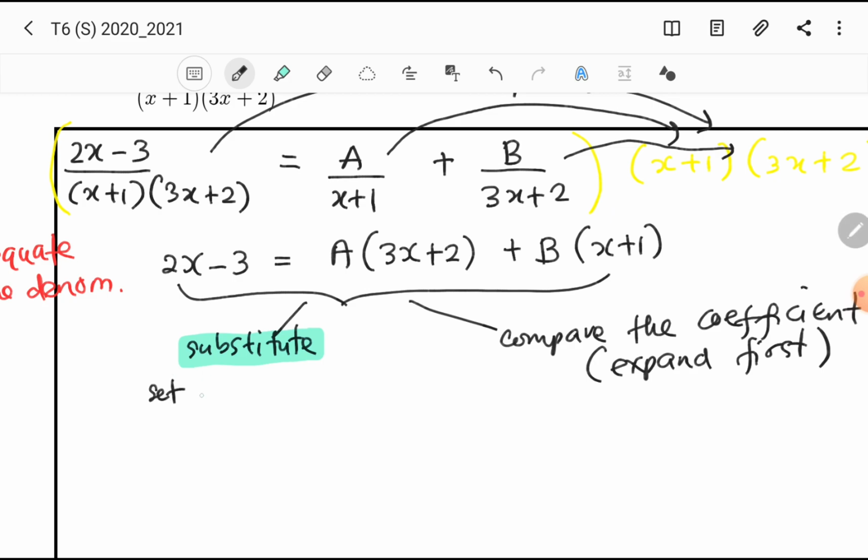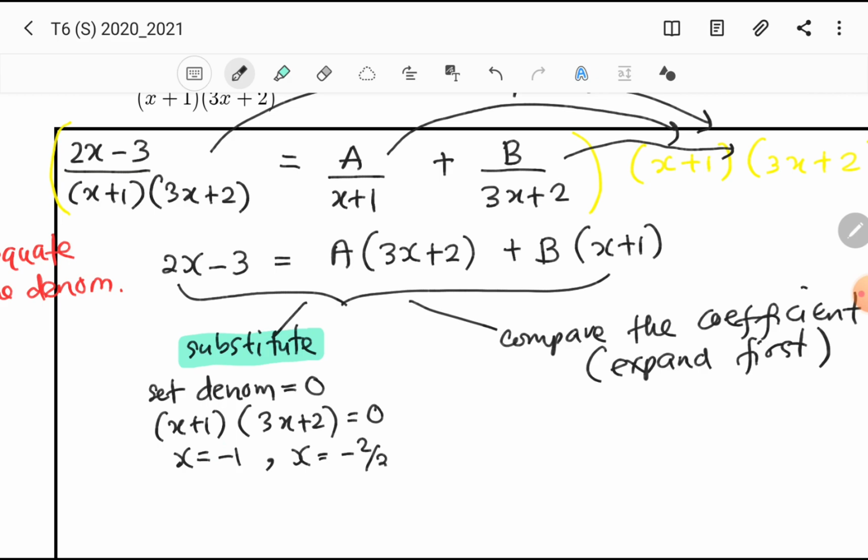Kita set denominator equals to 0. So, x plus 1, 3x plus 2 equals to 0. X equals to negative 1. X equals to negative 2 over 3. Okay.